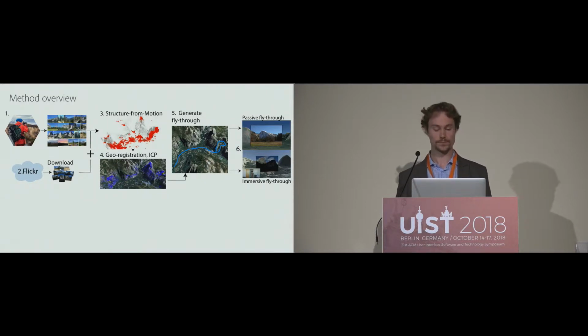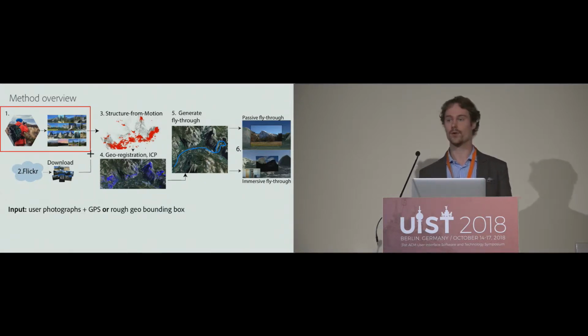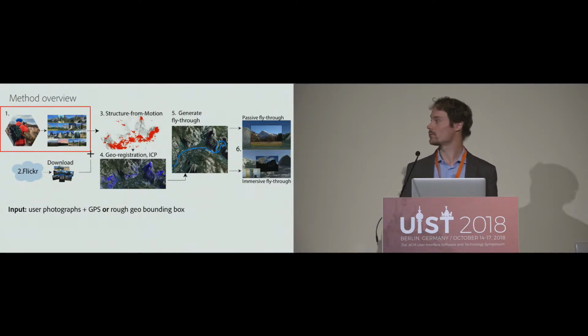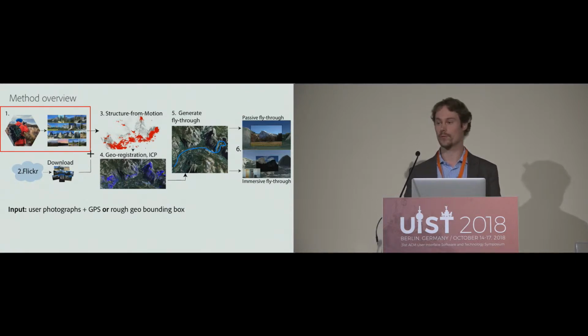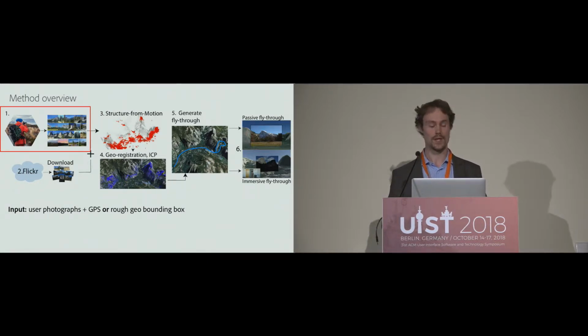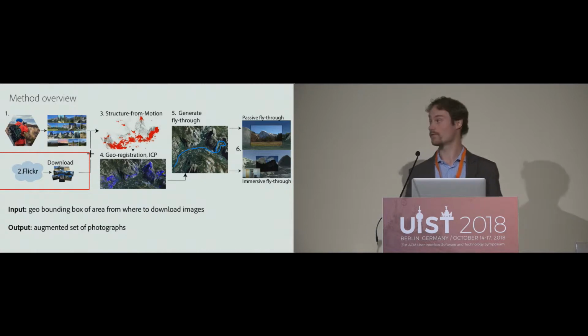Let us focus now on the pipeline, how to create this representation. First of all, we get all images from our user who took them on his hike, and we also need some information about the location where those images were taken. They might contain GPS tags, but they don't necessarily need to. We could just use the information of a coarse area the user will provide us, saying, okay, it was in this mountain range, and we will use this coarse location information to download images from Flickr.